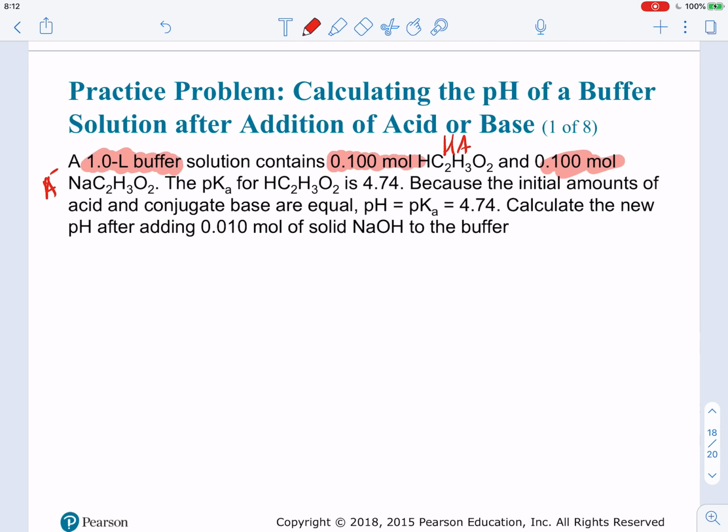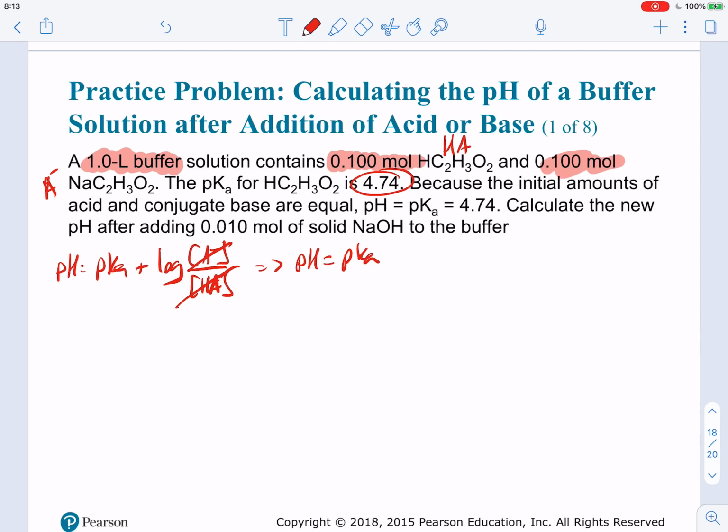Because the concentrations are equal, if we write the Henderson-Hasselbalch equation, pH equals pKa plus log of A minus over HA, okay? If A minus is equal to HA, which is the case here, then they cancel each other and you end up with logarithm of 1, which is 0. Okay, if they are equal, then pH equals pKa. So in this case, it's 4.74 because you have equal amounts of the acid and the conjugate base.